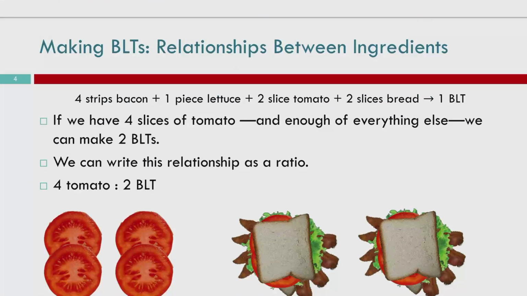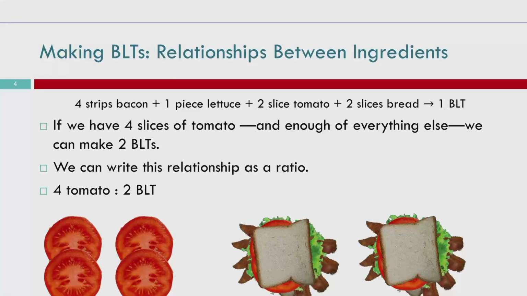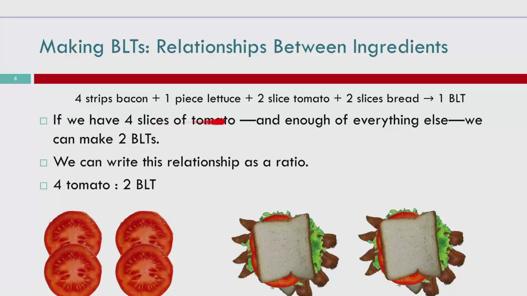If we've got 4 slices of tomato and we just have an excess of bacon, an excess of lettuce, an excess of bread, unlimited lettuce, unlimited bacon, but only 4 slices of tomato, we can make 2 BLTs.